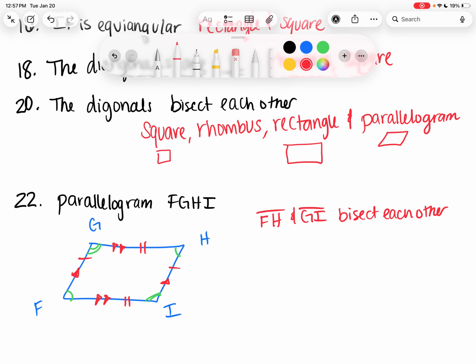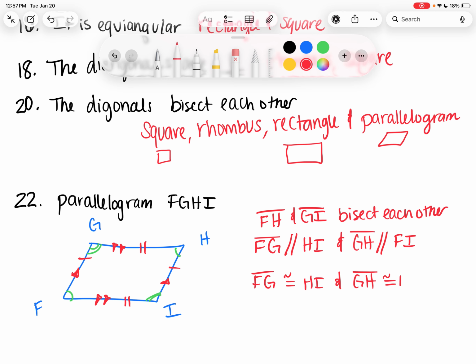And then I just need to write down the stuff that I have marked off on here. So, FG is parallel to HI, and GH is parallel to FI. And then do the same thing with the congruent parts. FG is congruent to HI, and GH is congruent to FI.